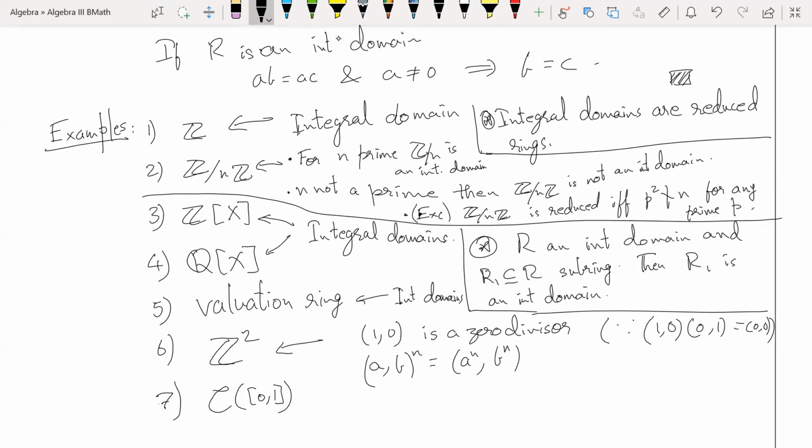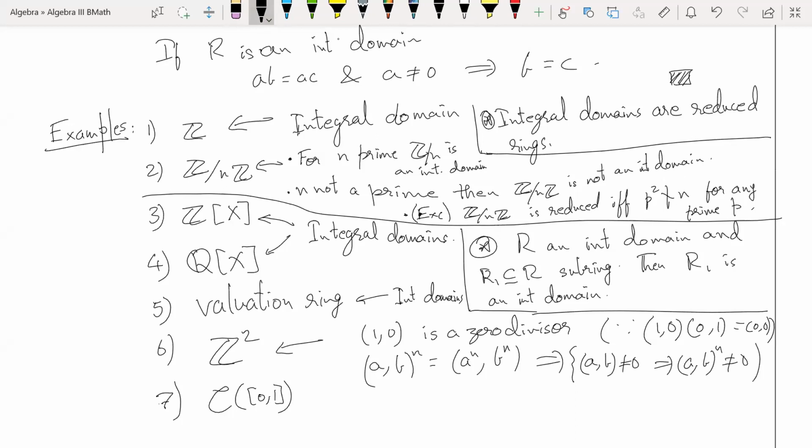So if one of a and b is non-zero, then this is non-zero. Maybe I'll just write it this way. So this implies (a, b) is not equal to 0.